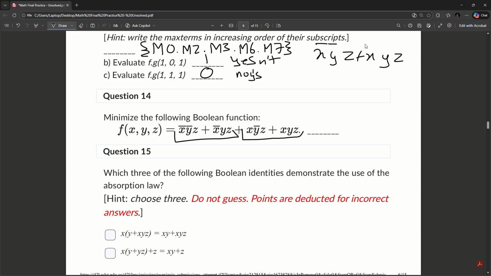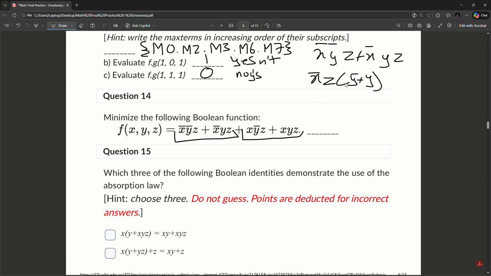So x complement is here, z is here, but the only thing that changes is y, because there's y complement here and normal y here. So that becomes x complement z, and then bracket y complement plus y.